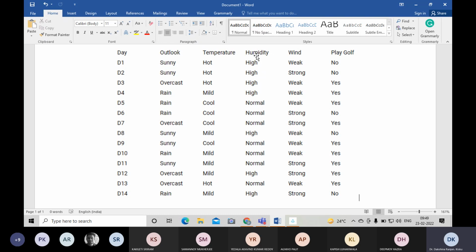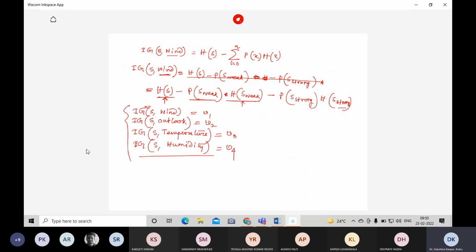Let's say that after calculation of the information gain for wind, outlook, temperature and humidity, the values are coming as v1, v2, v3, and v4.